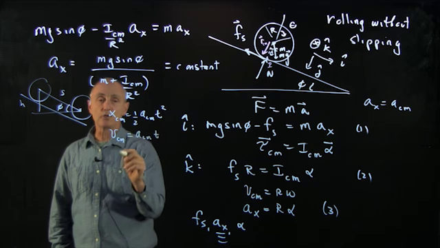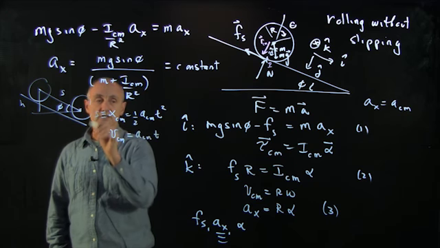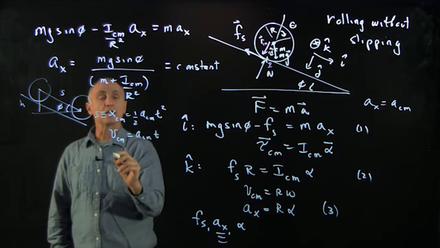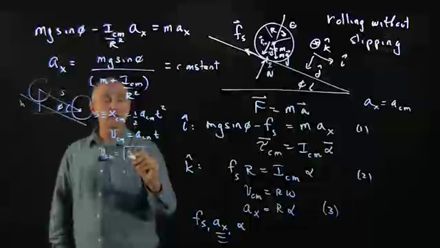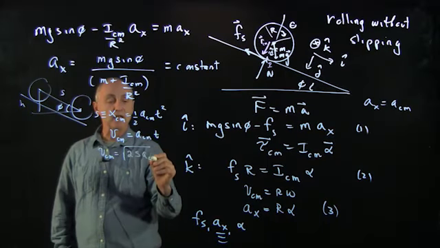And so when we put these two together, this is the distance s. We get that the velocity cm is equal to the square root of 2s times acm.